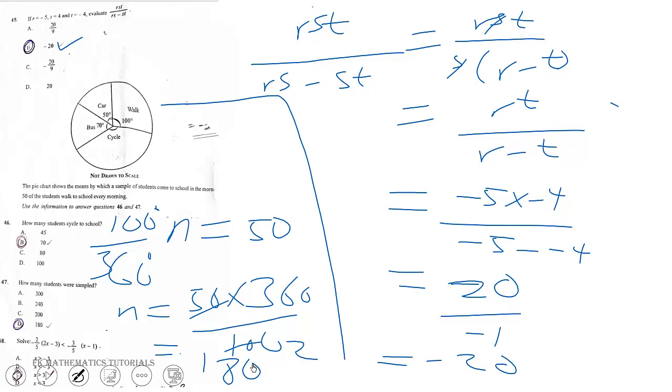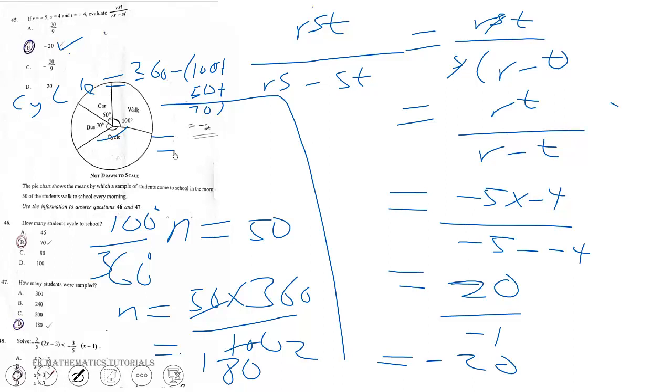Now we are asked to find how many students cycle to school. So the number of students who cycle to school will be equal to the angle corresponding to cycle, which is 360 minus the sum of all the angles, 100 plus 50 plus 70, and that will give you 220.